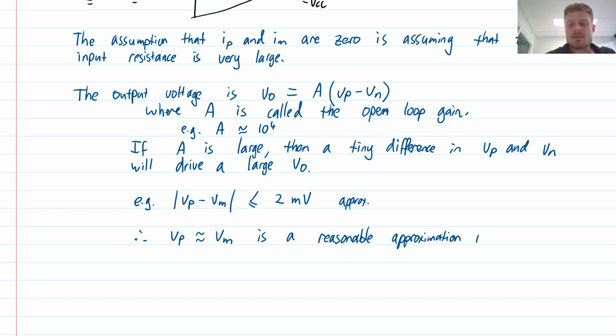Basically, if the open loop gain, that was our parameter A, is very large. By making this assumption, what we're really saying is that this op-amp has a very large open loop gain.